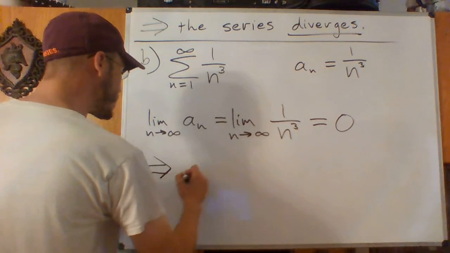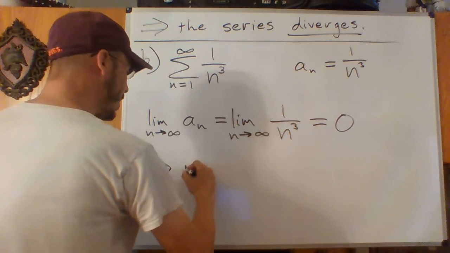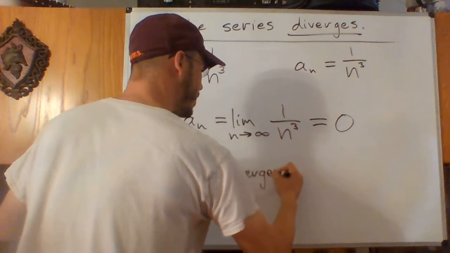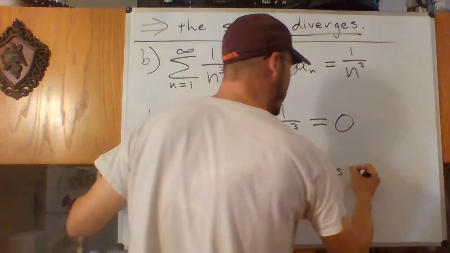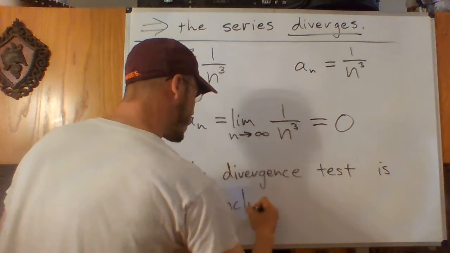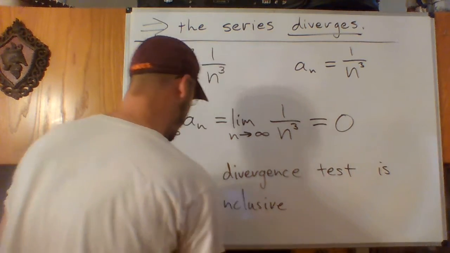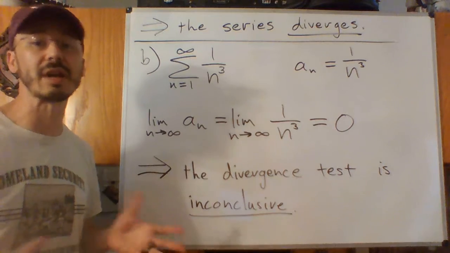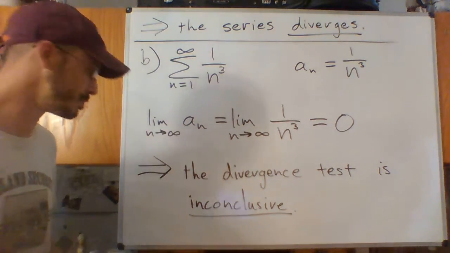What it does tell me is the divergence test is inconclusive. So the divergence test doesn't tell me that it converges or diverges. It's inconclusive.